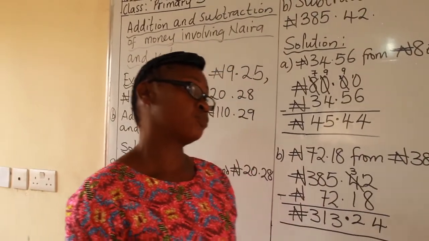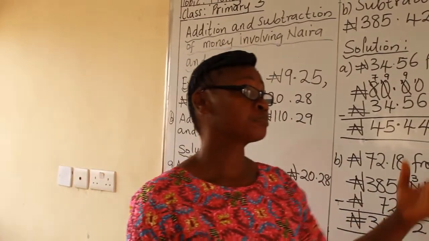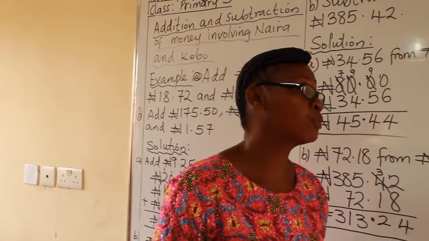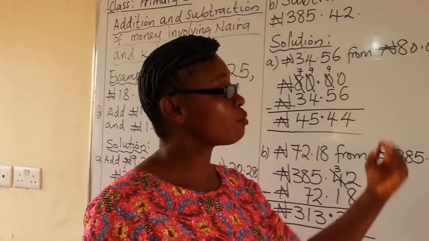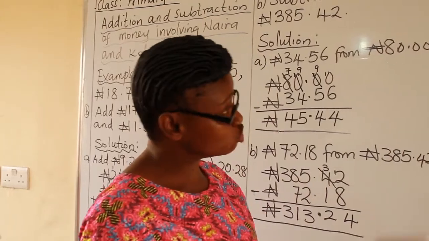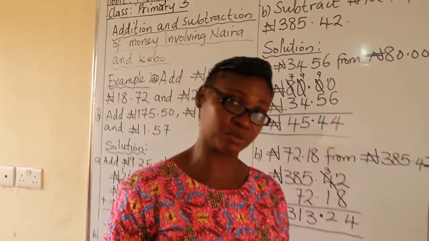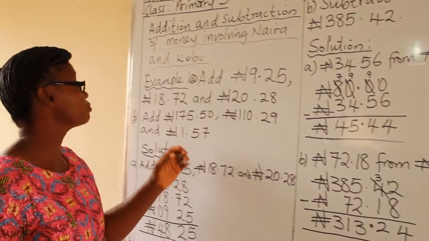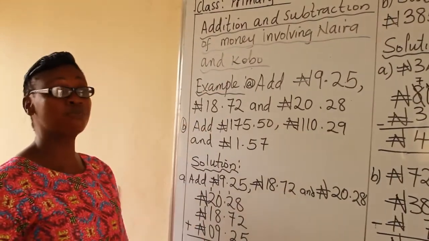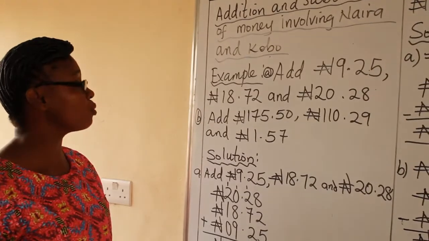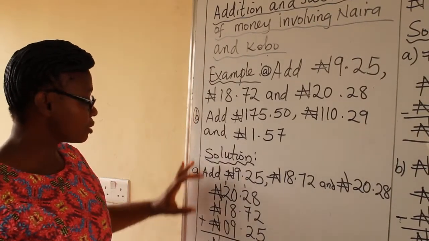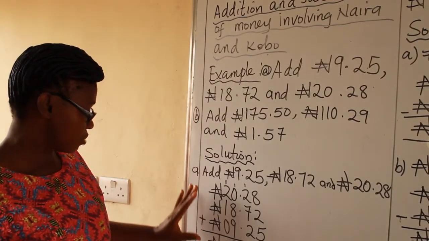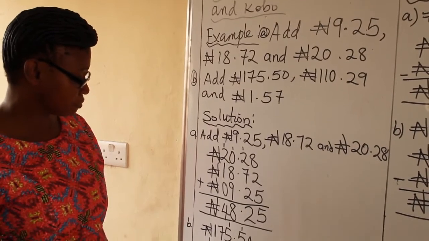Okay, we were able to change from naira to kobo, and then also change from kobo to naira, as you have seen displayed on the board.